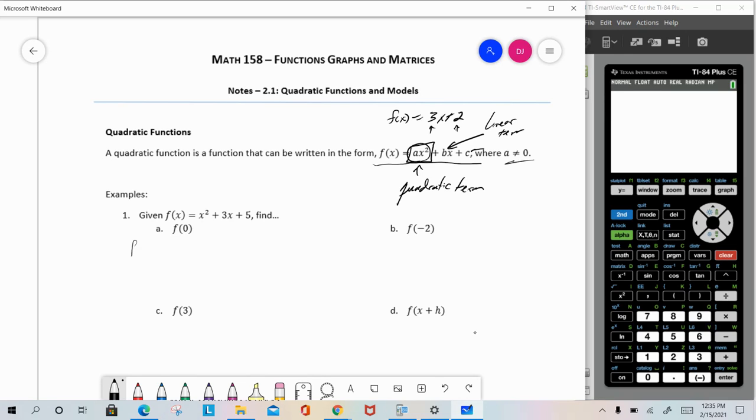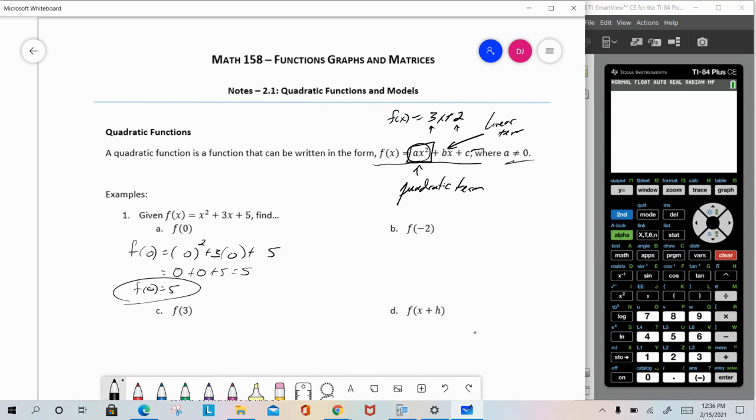If we have f of x equal to x squared plus 3x plus 5, and I like to put the parentheses there for emphasis, to find f of 0, we've simply put 0 in place of the x. So 0 squared is 0, 3 times 0 is 0, plus 5 is 5. So f of 0 is equal to 5.